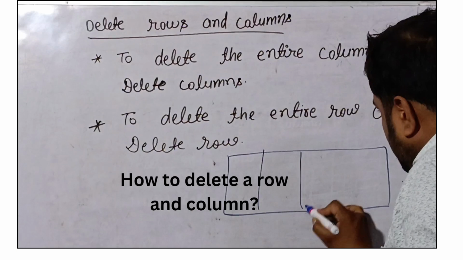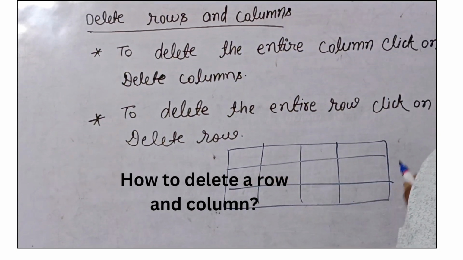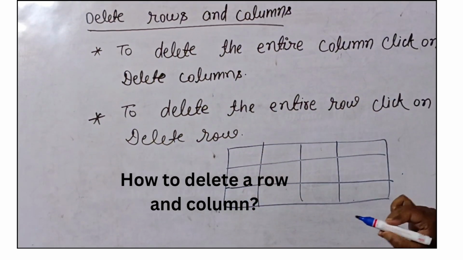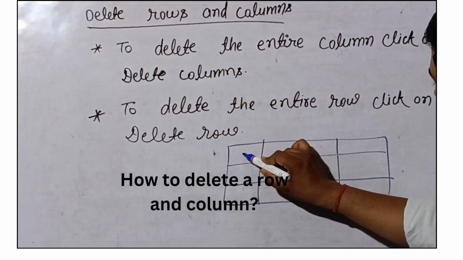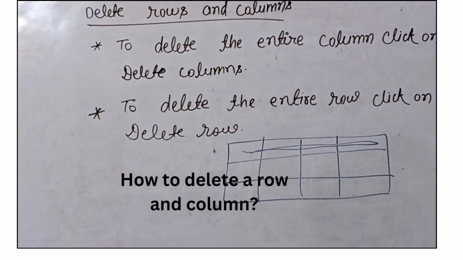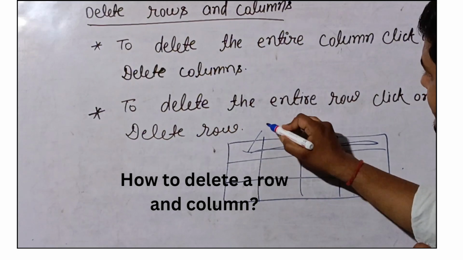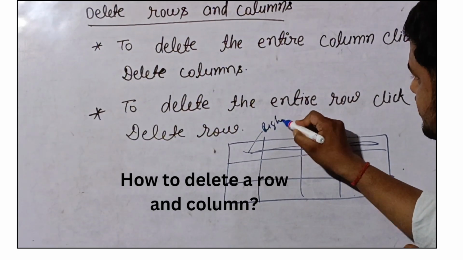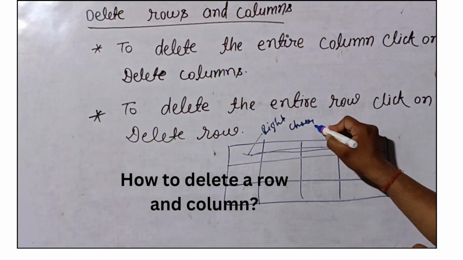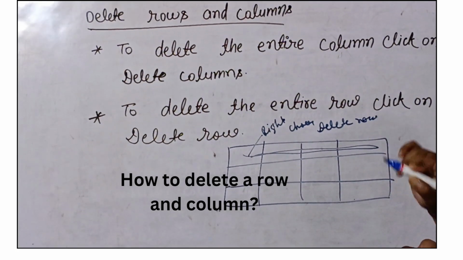Now I am going to give an example to understand it very clearly. Look here, this is an example of a table. If we want to delete this entire row, firstly we select this row and right click, and choose delete row.